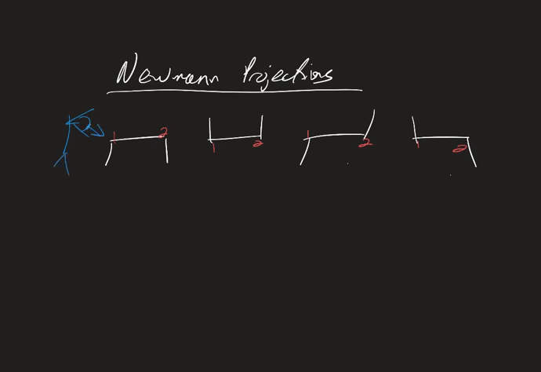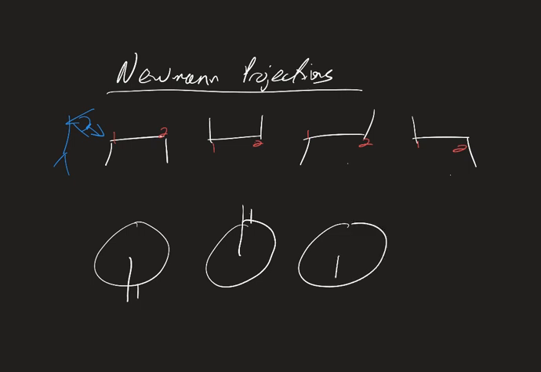So how does this actually translate to the Newman projections themselves? For the first one, it would be down and down. For the second one, it would be up and up. Down and up, and up and down.